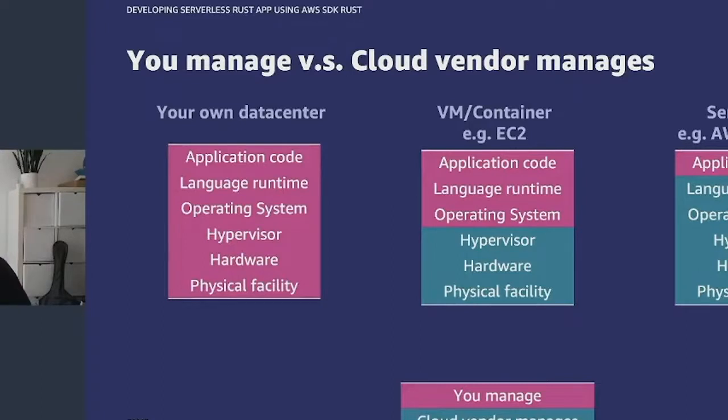Can we push this idea even further and move the line higher up the stack? Yes, we can. So if you use serverless services like AWS Lambda, you only need to provide a piece of code, a function that handles an event. The language runtimes, the operating systems are all handled by AWS.